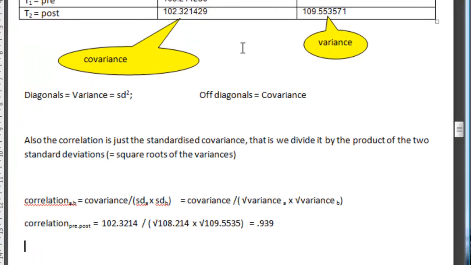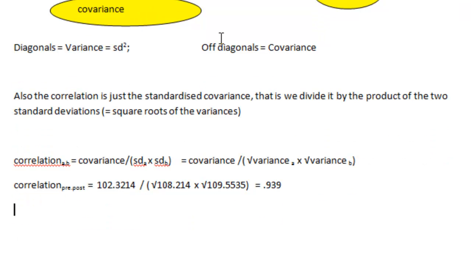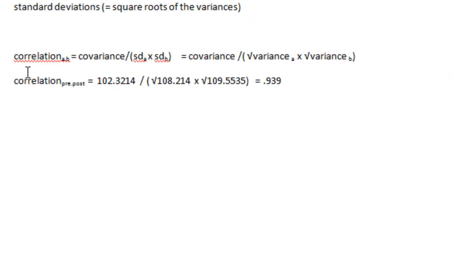And going even further, if you remember, the covariance is just the unstandardized correlation. So the correlation is equal to the covariance divided by the standard deviation of both the variables. And the standard deviation, as I said, is the square root of the variance. So we know what the variance is from that table above.